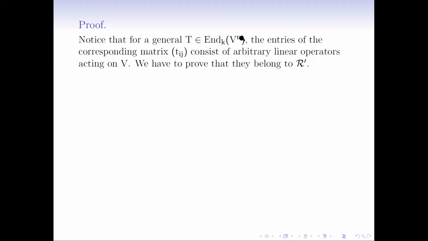If V has a basis, so we identify endomorphisms of V with matrices, then this will be a block matrix. It's just a usual feature. But in general, this matrix T_ij consists of arbitrary linear operators acting on V. We have to prove now that these entries are not arbitrary, but operators commuting with the R action. So these belong to R prime, to the commutant.